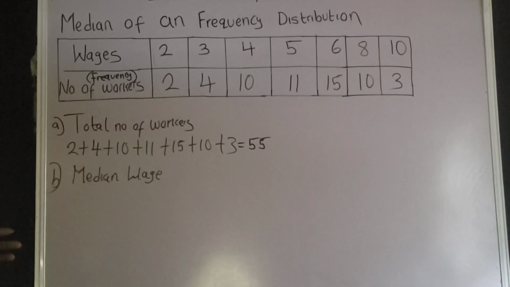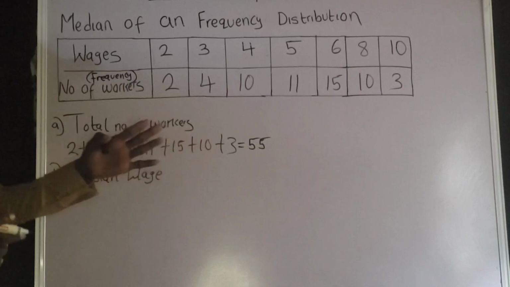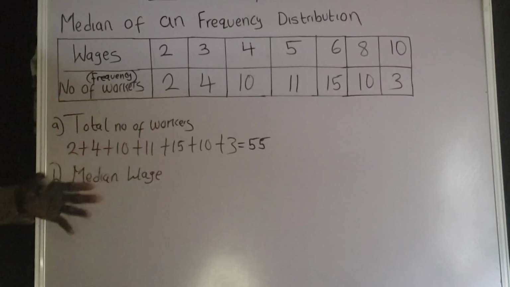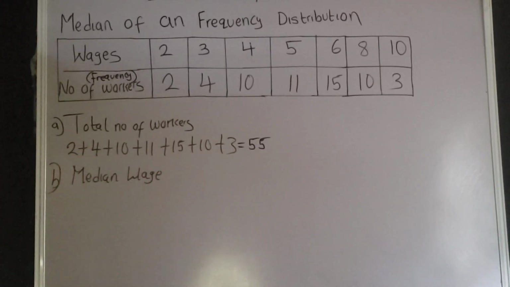And in order to get the position of the median class, we have to use a formula. To know the formula that we're going to use, we have to know whether our total numbers of frequency, which is the numbers of workers, is even or odd. Is 55 odd or even? Yeah, 55 is an odd number.